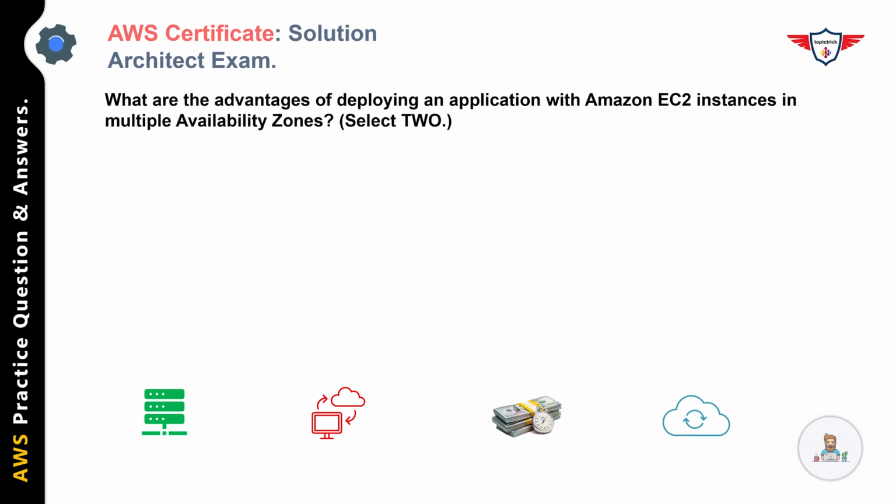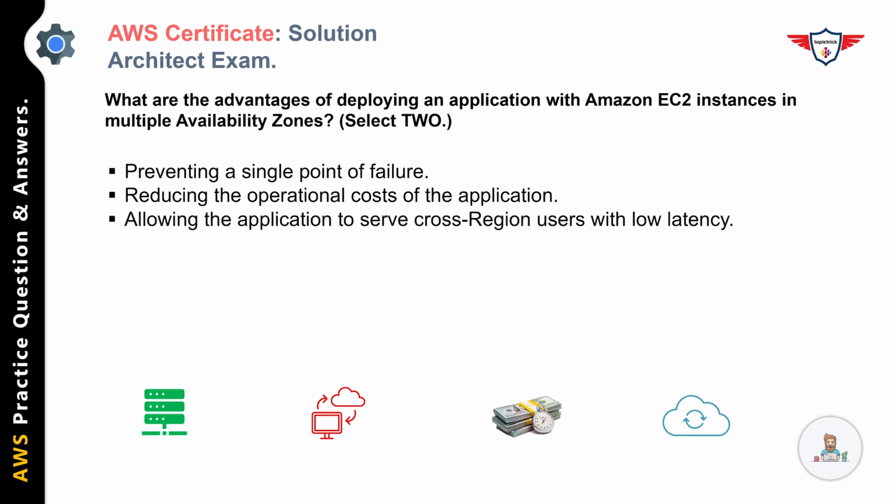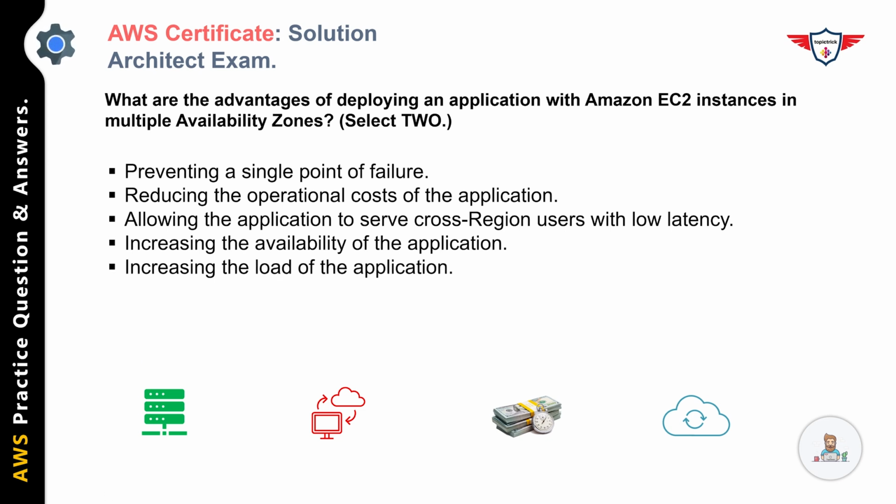What are the advantages of deploying an application with Amazon EC2 instances in multiple availability zones? You have to select two correct answers. Your options are: prevent a single point of failure, reduce the operation cost of the application, allow the application to serve across regions, users with low latency, increase the availability of the application, and increase the load of the application.